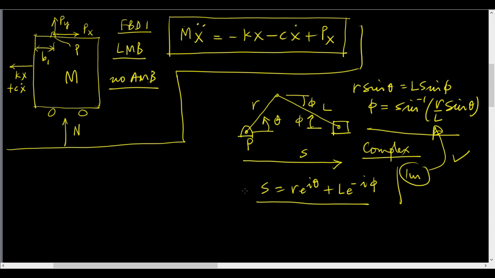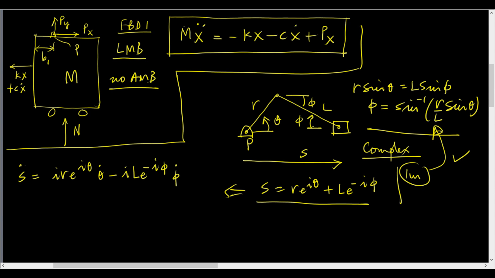This equation gives us S dot is equal to I R e to the power I theta, theta dot minus I L e to the power minus I phi, phi dot.